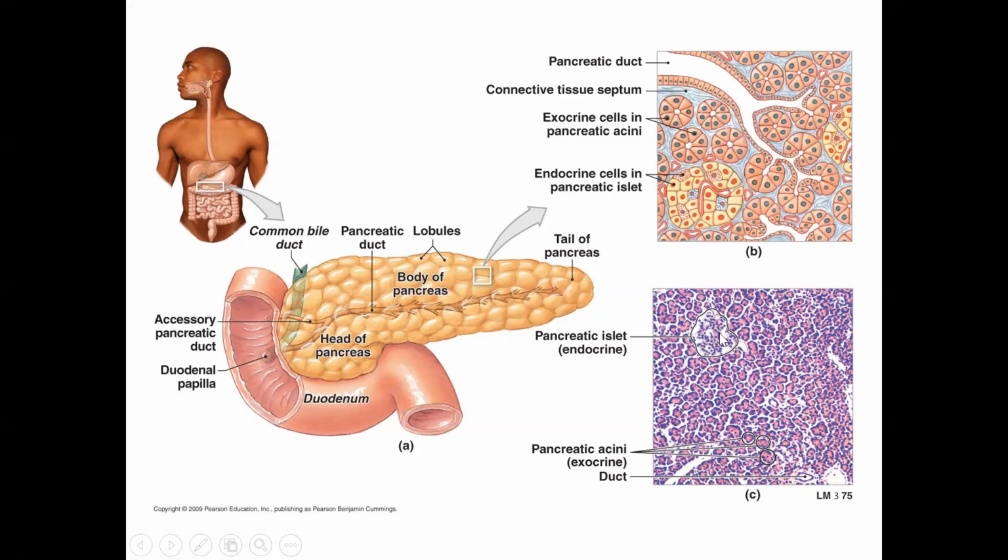These structures make hormones. On this histology picture, the majority will be acinar cells making enzymes and bicarbonate ions, and this islet structure right here is the endocrine tissue.